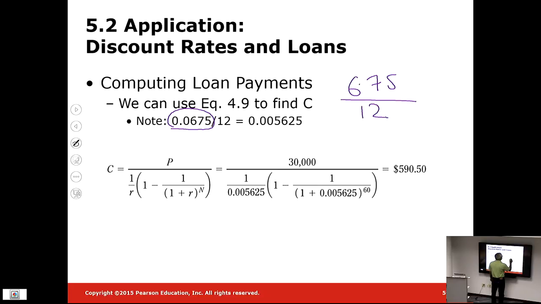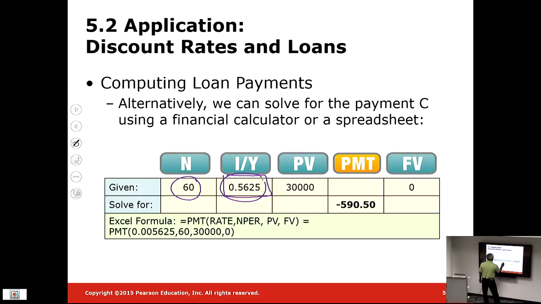Over 12, or monthly compounding, will give me 0.5625. And that's the 0.5625 that I'm entering over here. Present value is going to be 30,000. You have to put this as a negative, and you're computing payment, which then calculates out to be $590.